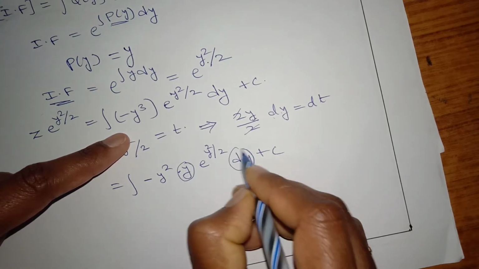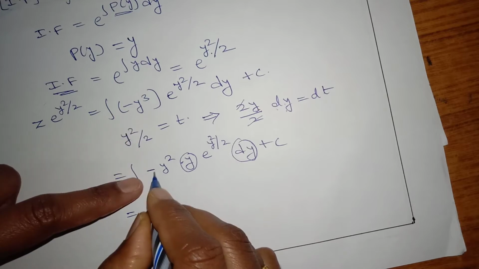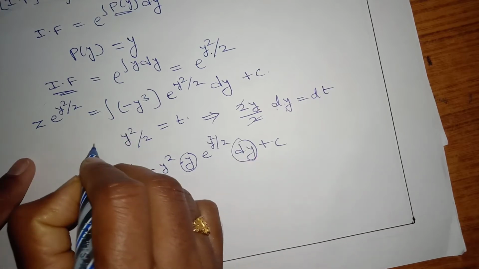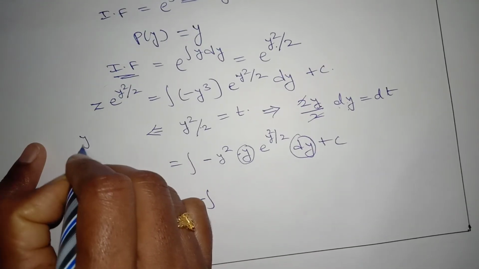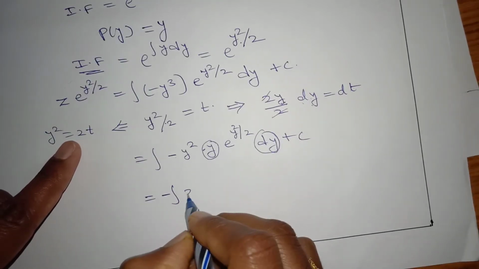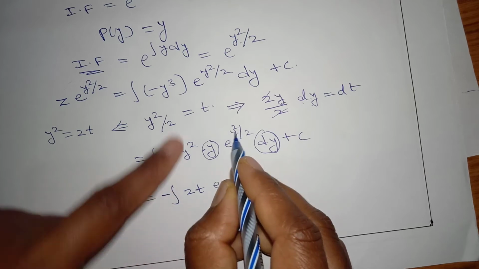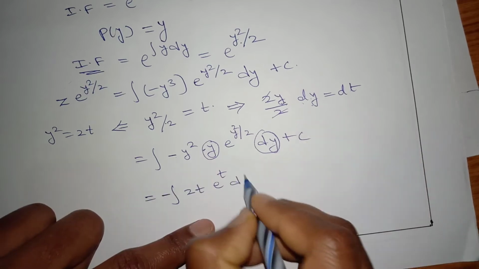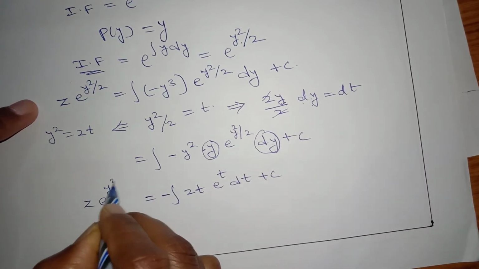Here, from this equation, integration of minus y square into y e power y square by 2 dy plus c. y dy is dt. From here y square equals 2t. So y square equals 2t, into e power y square by 2 is e power t, y dy is dt, plus c, which equals z into e power y square by 2.